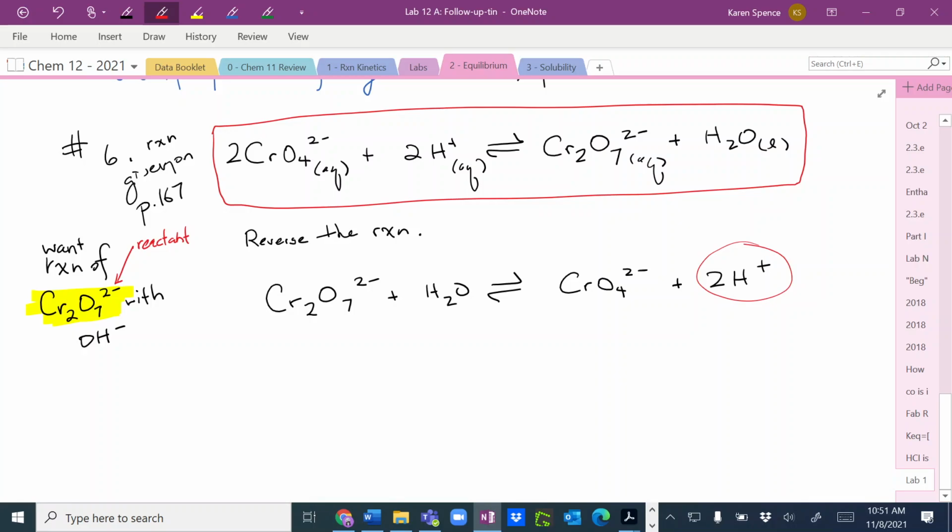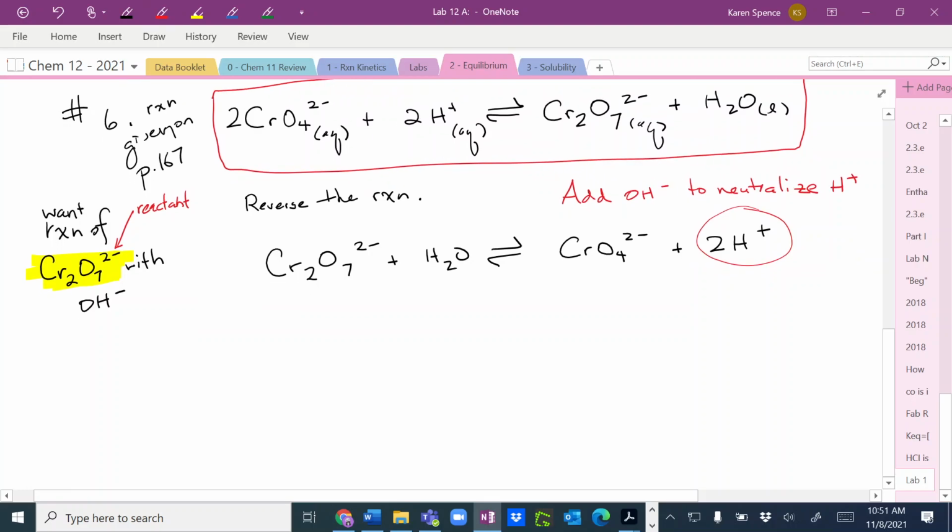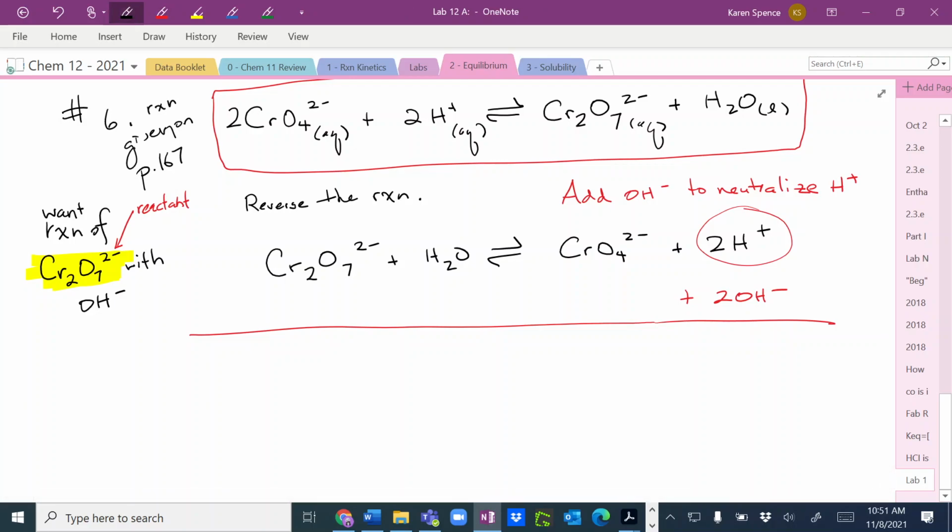We could add OH, yes, to neutralize the H plus. So how many OHs will we be adding? We'll be adding 2. Now, remember my original equation, oh, and I forgot 2 here. Okay, we need that too.